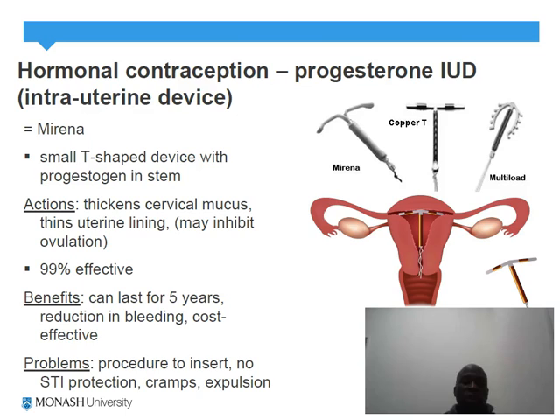It's a small T-shaped device with progesterone loaded in the stem. Yes, you can see the stem there. It's full of progesterone, and it acts by thickening cervical mucus and thinning out the uterus lining. By doing so, it inhibits ovulation.